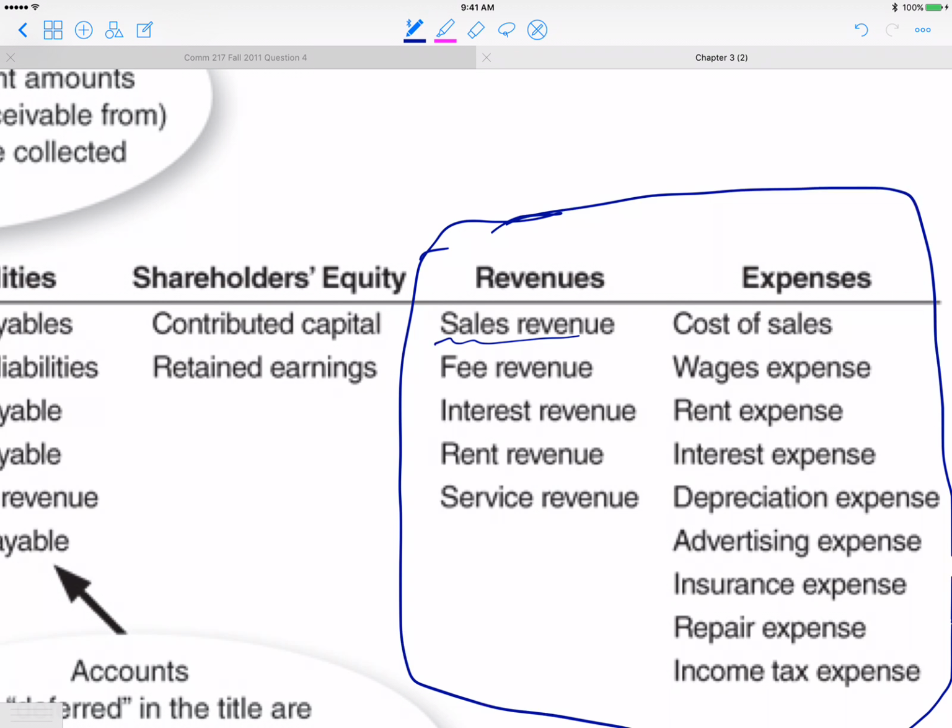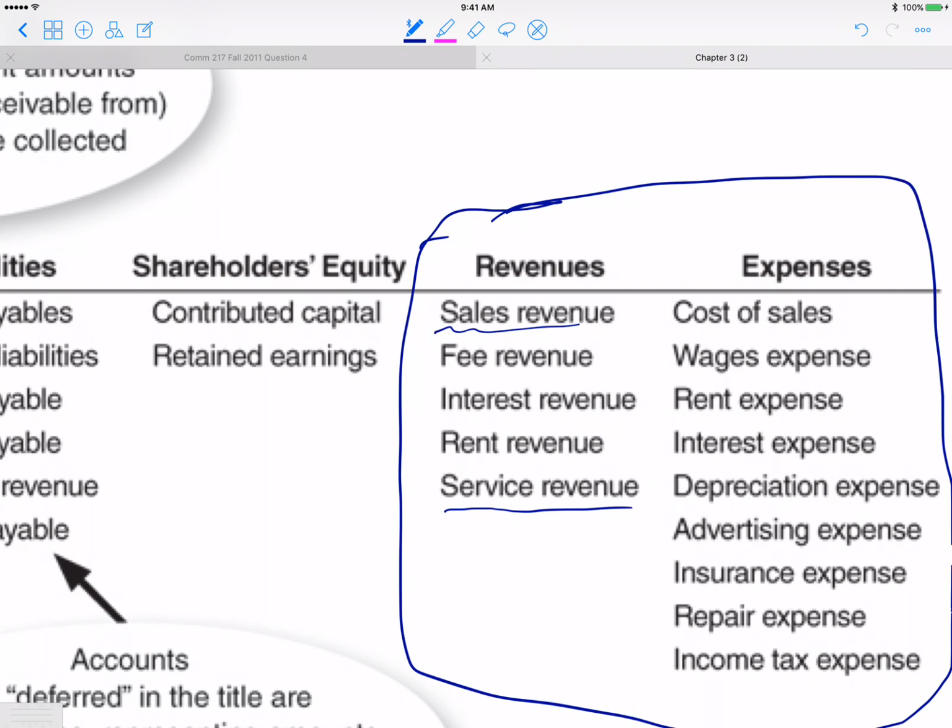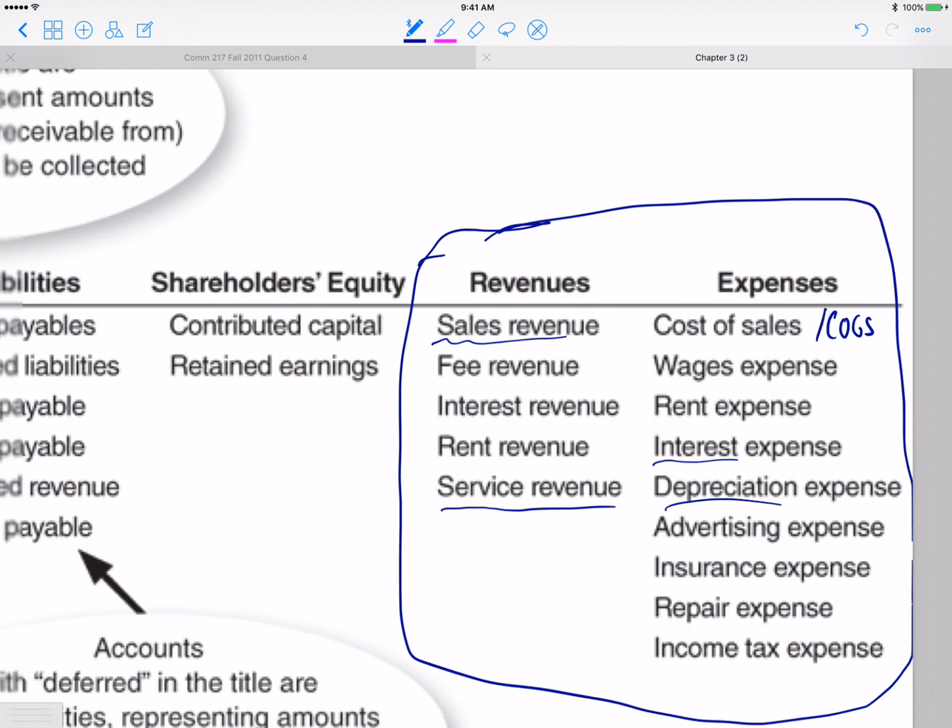Maybe we're not selling coffee, maybe we're an accounting firm providing accounting services. So we would have service revenue because we've provided a service. And some of the common expenses: cost of sales or cost of goods sold, wages, rent, interest, depreciation, advertising, insurance, repair, income tax. So these are the most common revenue and expense accounts.